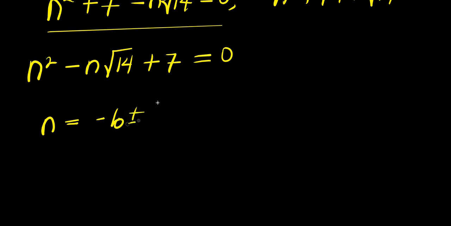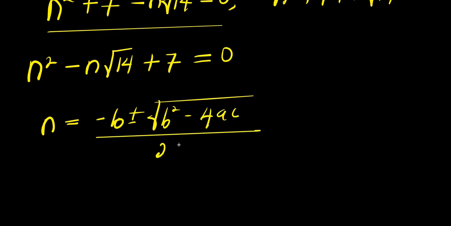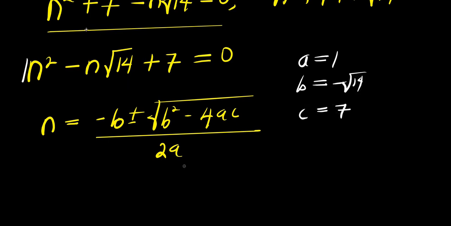This is negative b plus or minus square root of b squared minus 4 times ac, divided by 2a. We have a equals 1, which is the coefficient of n squared, b equals negative root 14, and c equals 7.